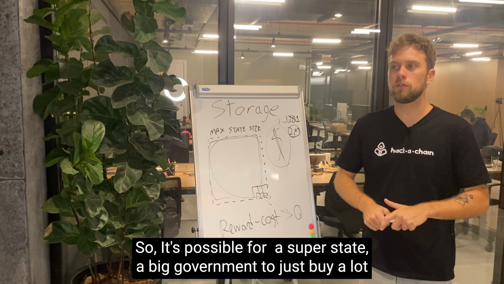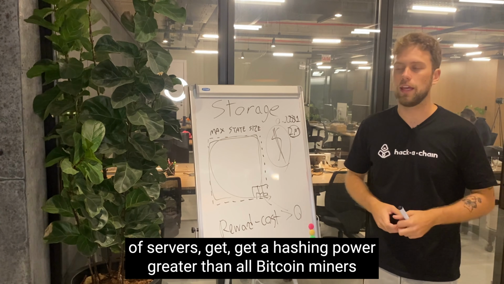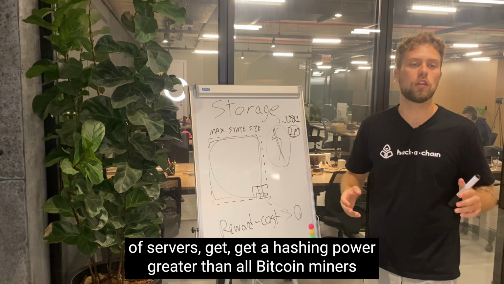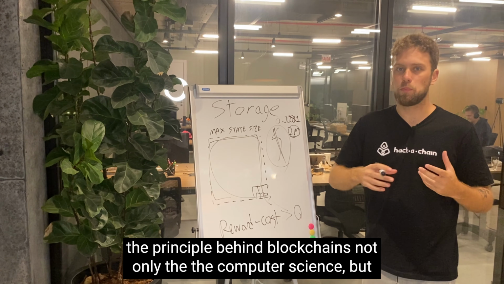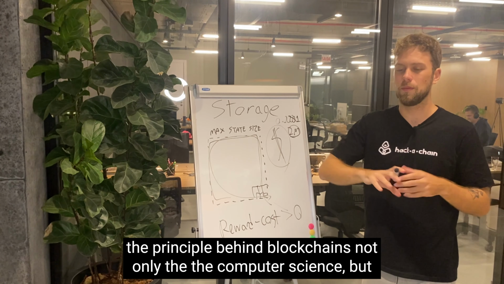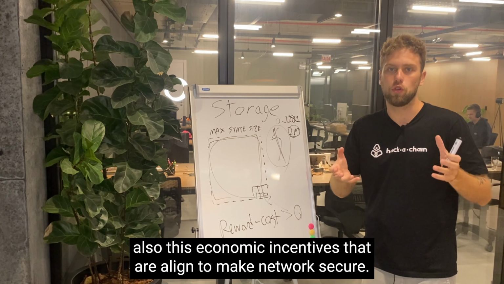So it's possible for a super state, a big government, to just buy a lot of servers, get a hashing power greater than all Bitcoin miners, and kind of destroy the network. It's possible, but it's very costly and it's not worth it, and that's why it's protected. So this is what you have to keep in mind. This is not an absolute defense, it's an economic defense. And this is the principle behind blockchain. It's not only the computer science, but also these economic incentives that align to make the network secure.